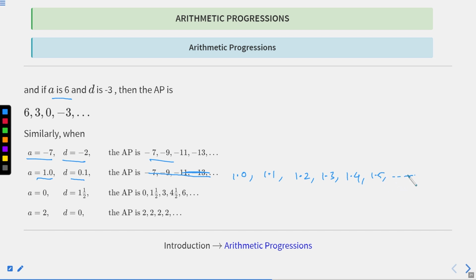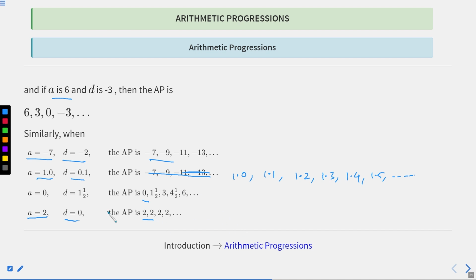When the first term A is 0 and the common difference D is 1 and 1 by 2, the AP is 0, 1 and 1 by 2, 3, 4 and 1 by 2, 6, and so on. And when the first term A is 2 and the common difference D is 0, the AP is 2, 2, 2, 2, and so on.